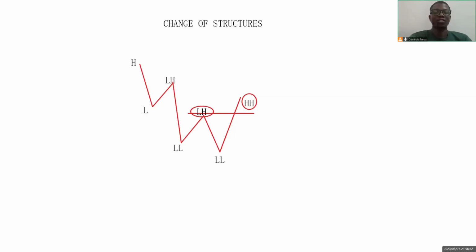So we buy as soon as the candle closes to confirm a change of structure. We buy, and we put our stop loss at the previous low and buy to the next resistances, depending on where prices and our overall structures let us know that prices is going to get to. So this is how we trade a structure, and we trade what? A change of structure.